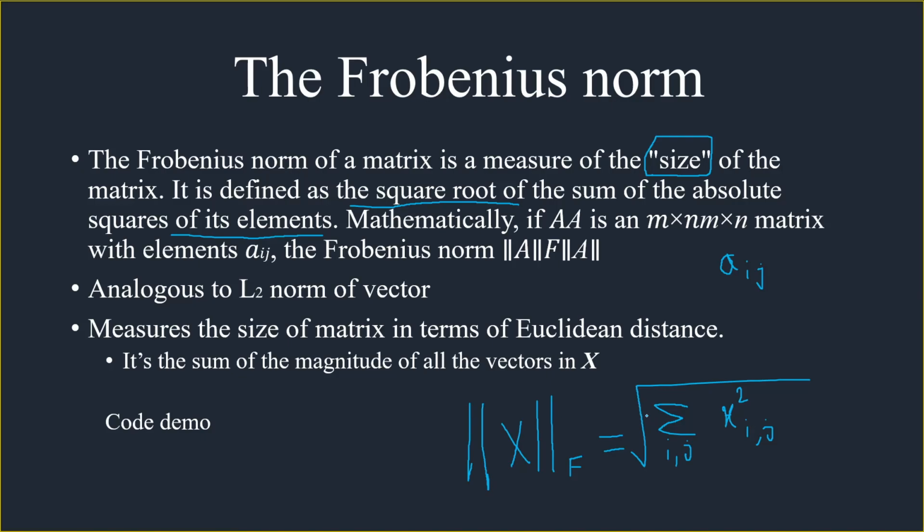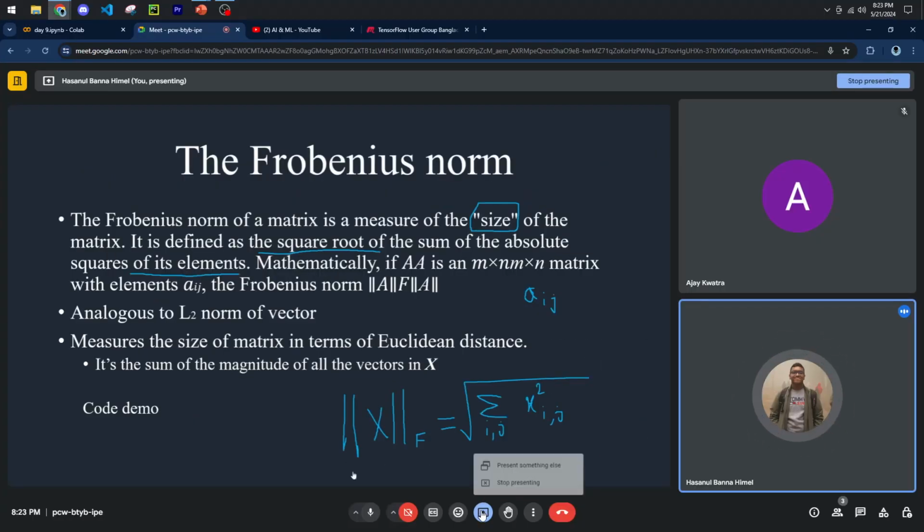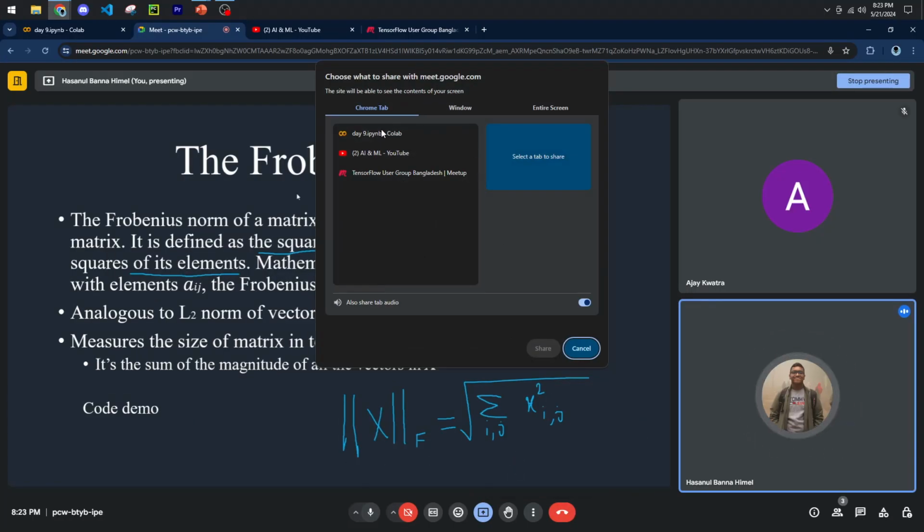So this is the equation for our Frobenius norm, and this equation is what we're going to use in our machine learning maths. So now let's see some math problems so we can learn more.